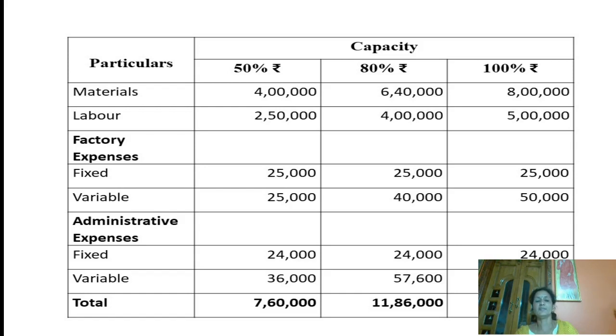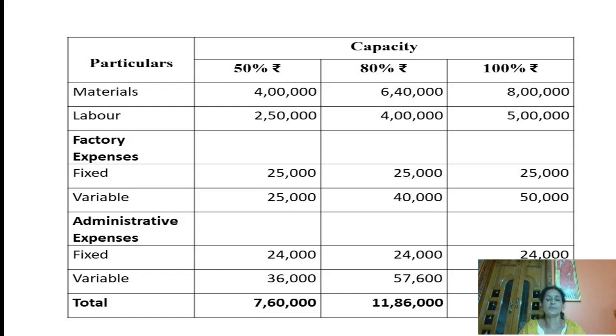Now for administrative expenses for 50% capacity, you have calculated it as 36,000. That is after taking 40%. So in 60,000, if you take 40%, that is 24,000. 60,000 minus 24,000 is 36,000. That 36,000 you have taken for 50% capacity.